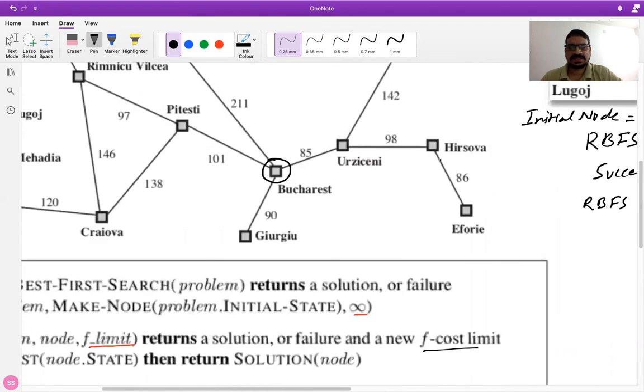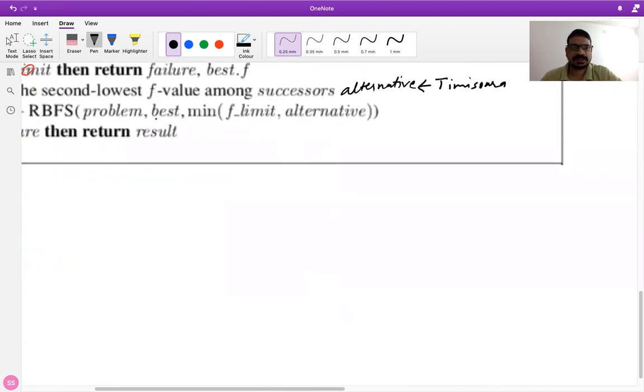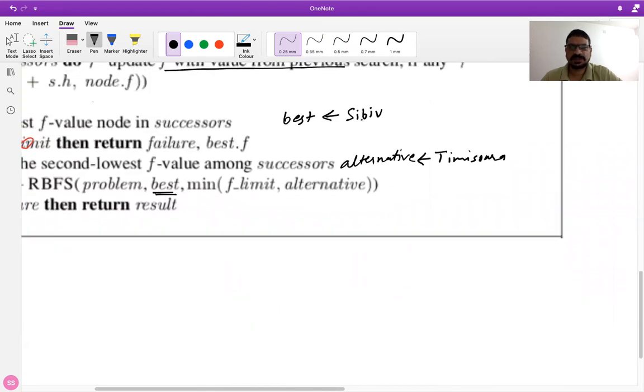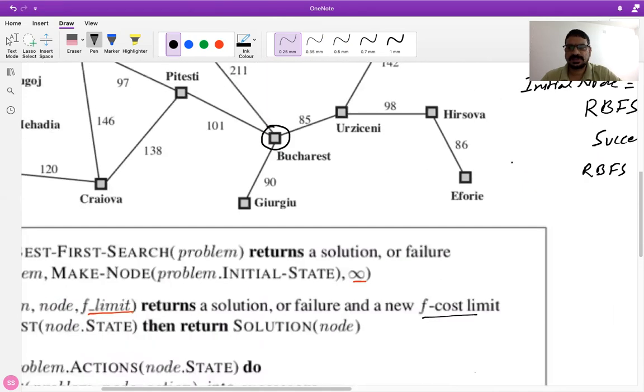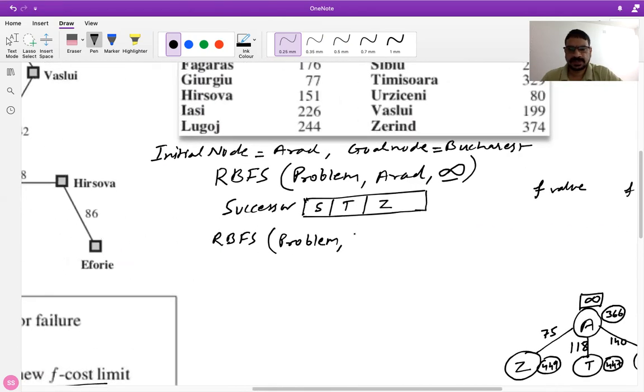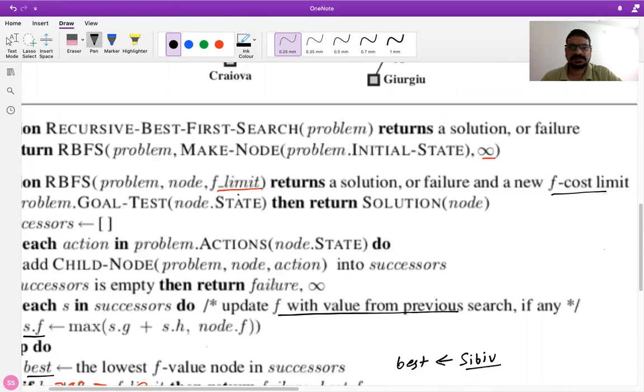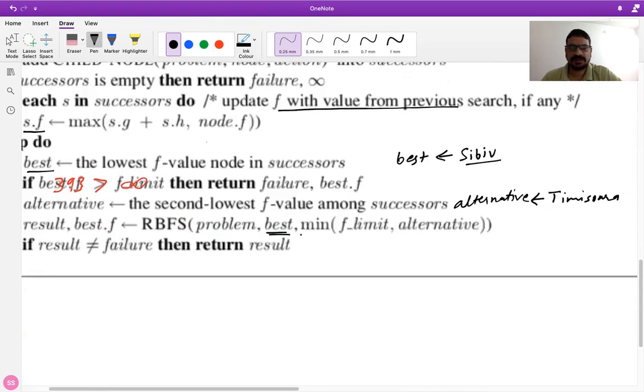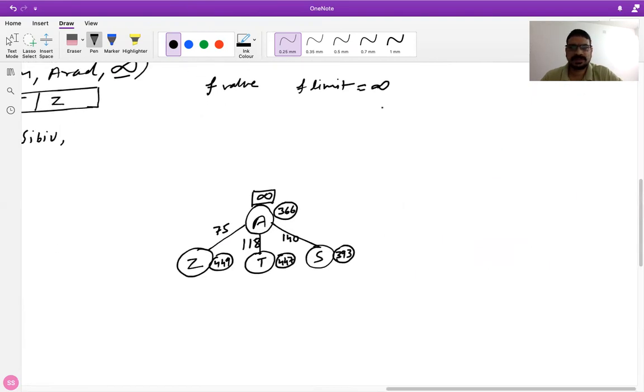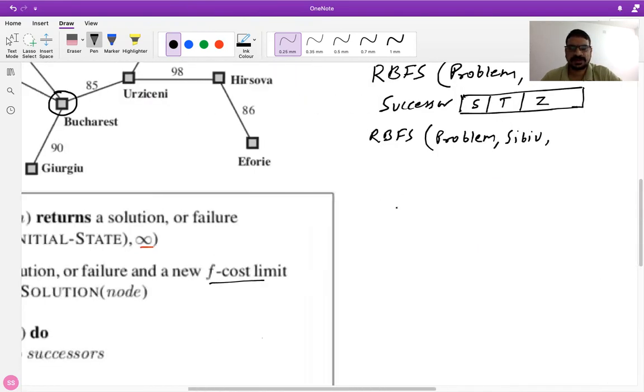Now what is the best? Sibiu is the best, right? Next is the F limit. How will we calculate the F limit? Here we'll calculate it by this function: minimum of F limit, alternative. The previous F limit is infinite.